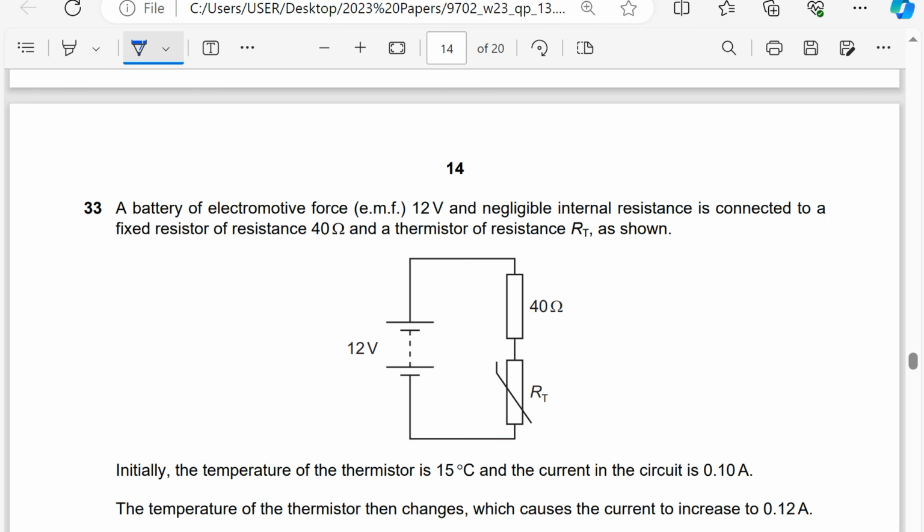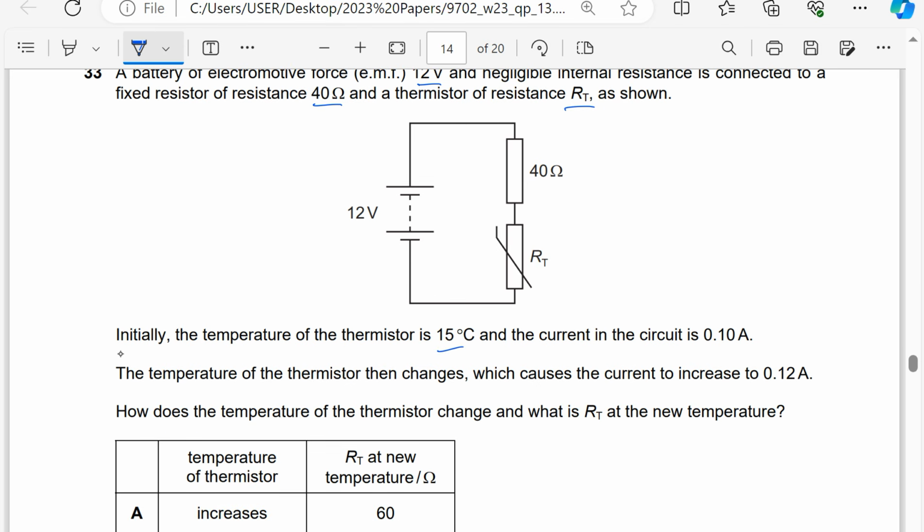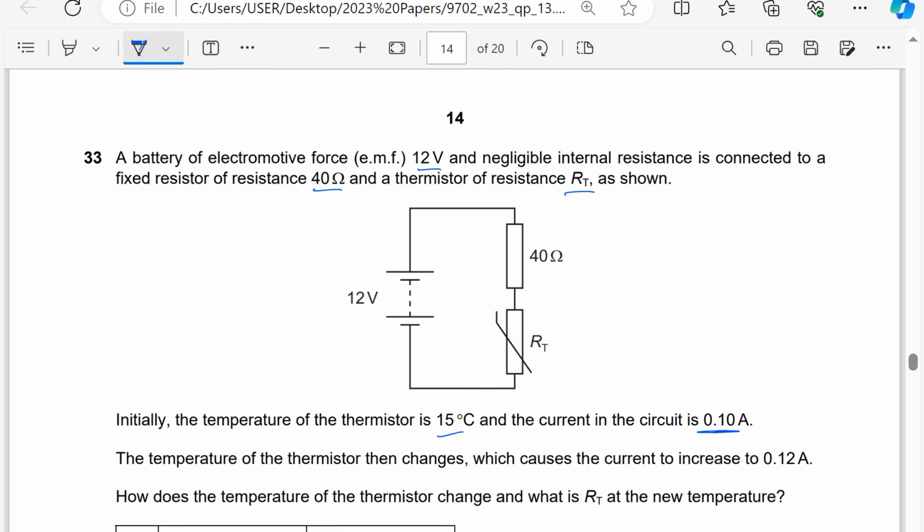A battery of EMF 12 volts and negligible internal resistance is connected to a fixed resistor of resistance 40 ohms and a thermistor of resistance RT. Initially, the temperature of the thermistor is 15 degrees Celsius and the current is 0.1 ampere. Let's find the PD across the 40 ohms.